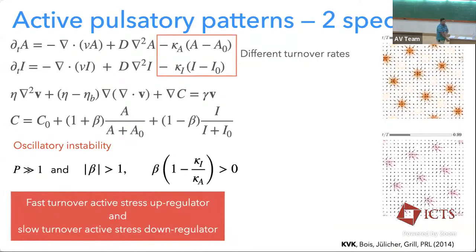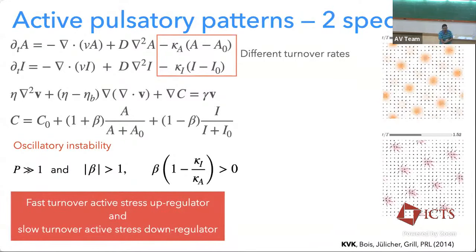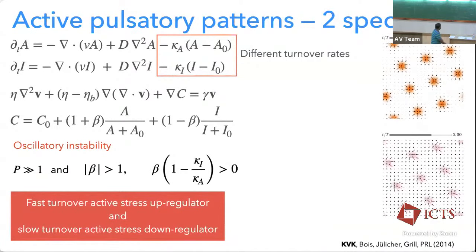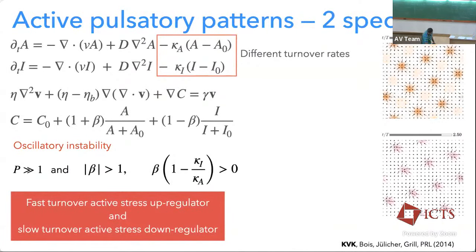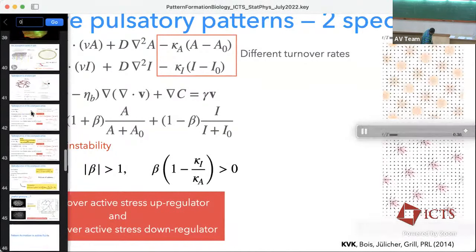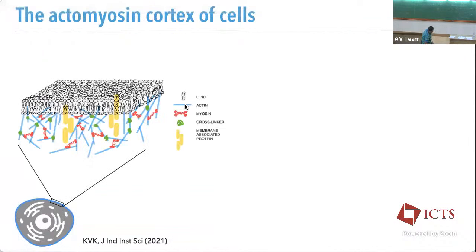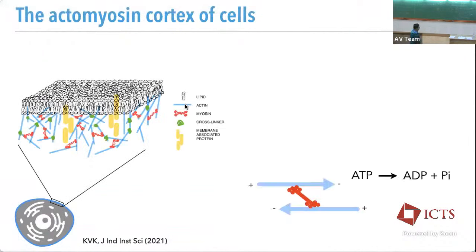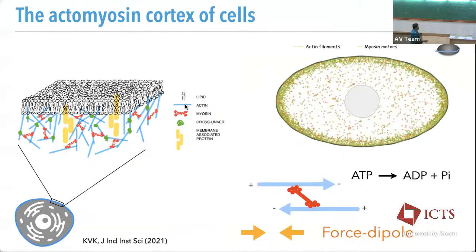Sir? Yeah. The turnover rate, what do you mean? So what do I mean by the turnover rate? So if you remember yesterday when we discussed these active patterns, we had the following picture in mind, that there is this actomyosin cortex of cells, which is an active material because of force generation. But the material is not constant.